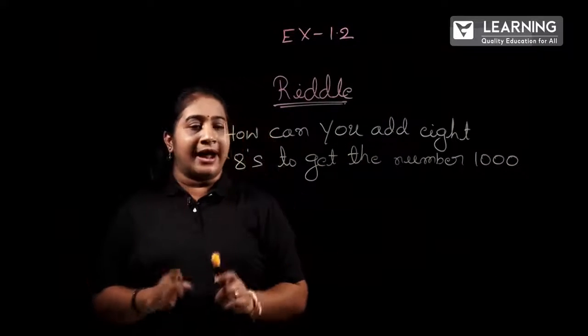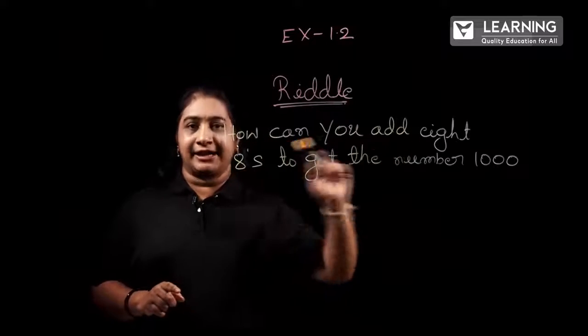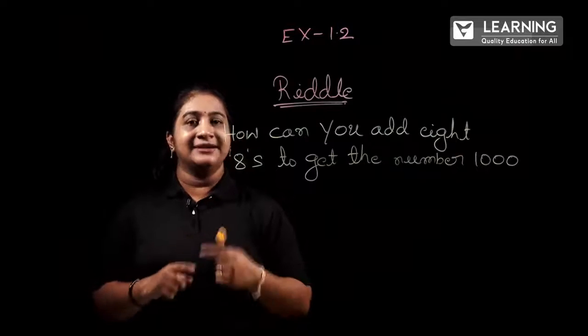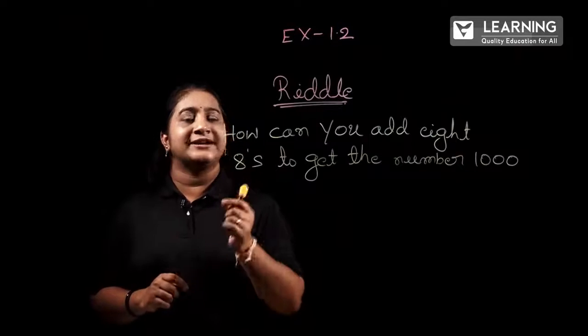You have to add 8 times to get the value 1000. Try it and try to find the answer.